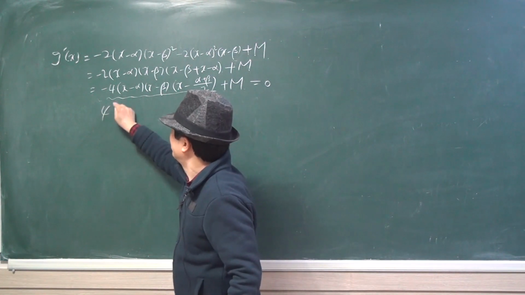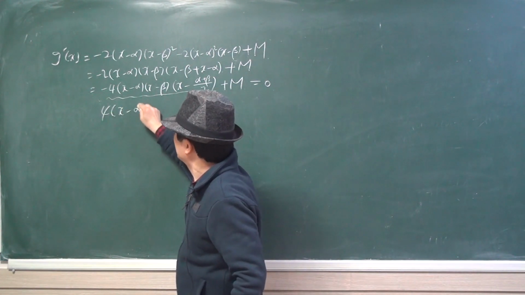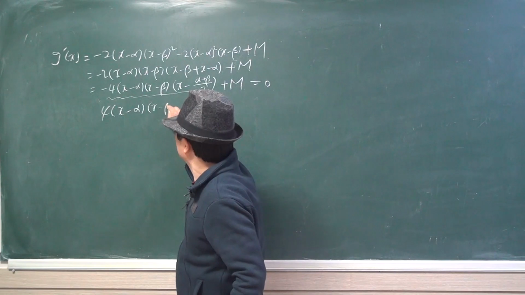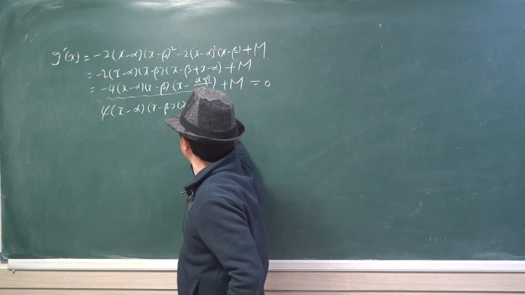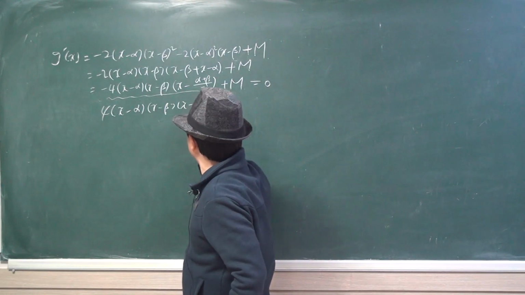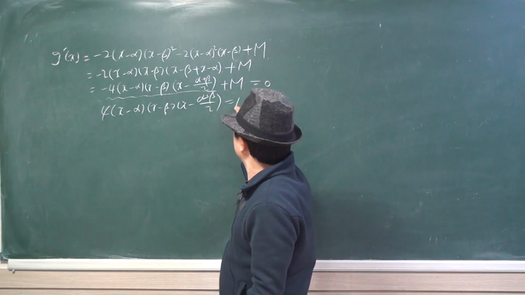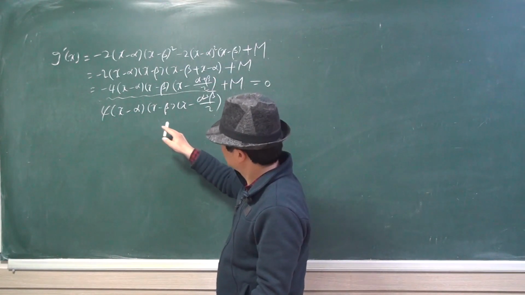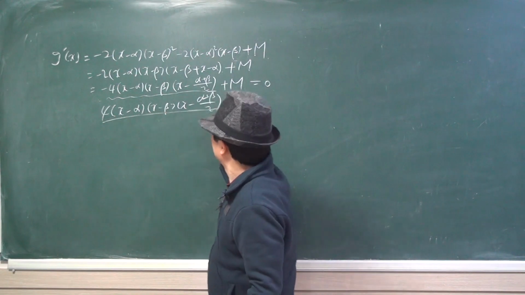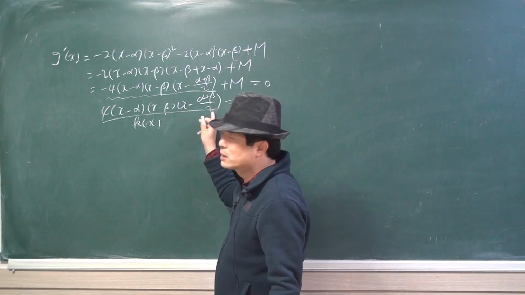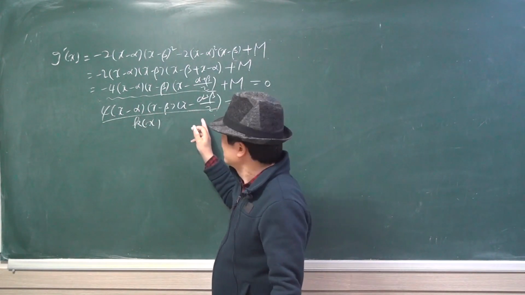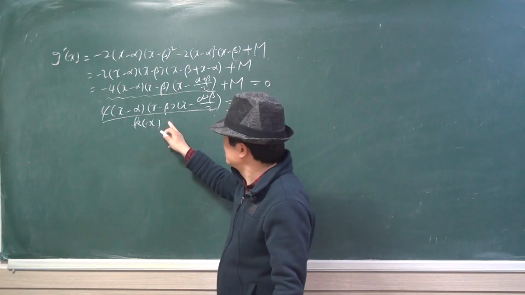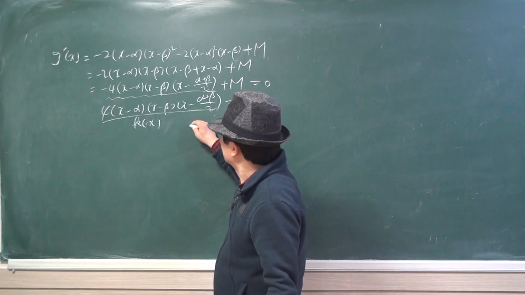Then 4 times (x minus alpha)(x minus beta)(x minus (alpha plus beta)/2) equals m. We name this left hand side and use these values.